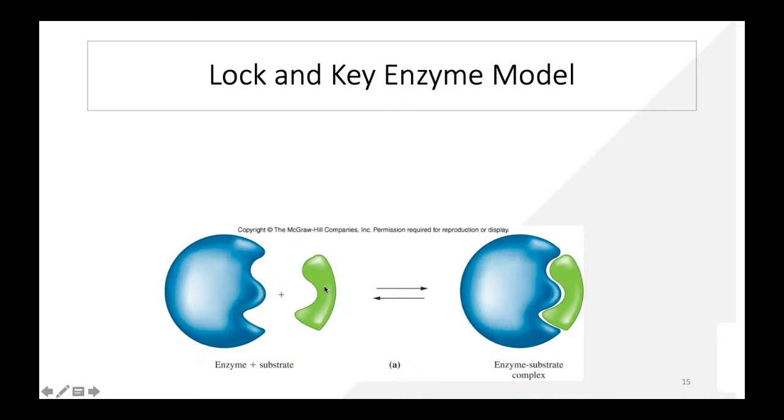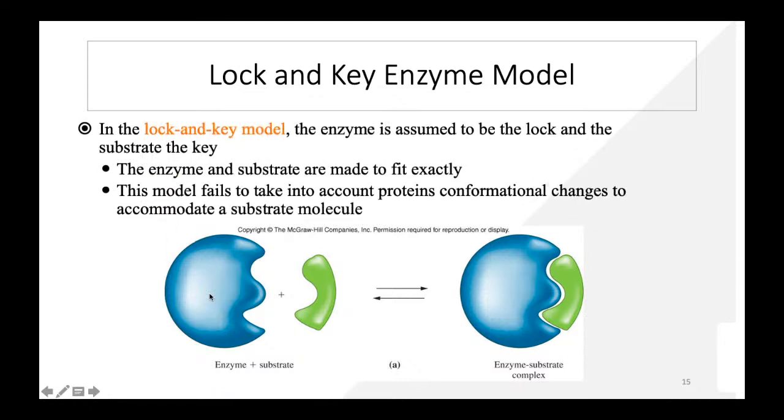Enzyme plus substrate combine together, and then they make a complex here. You can see there are some structural changes that happen to the enzyme also. That's why the enzyme may fit exactly where it has to be. The enzyme makes some conformational changes in order to accommodate your substrate molecules.